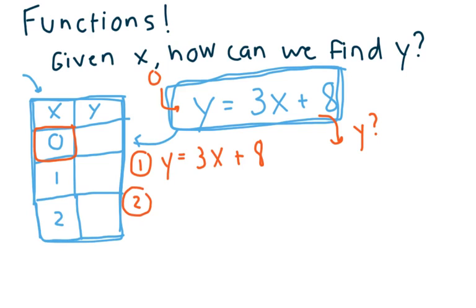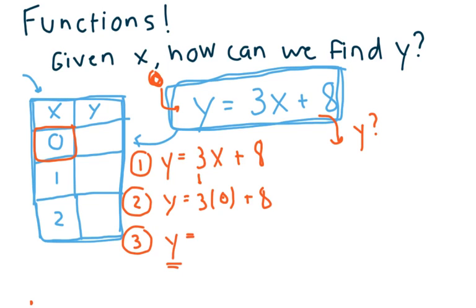Step 2, plug in the input. So I'm going to plug it in. I got y equals 3, but instead of x, I'm going to plug in my input right up here, which is 0, plus 8. And then the third step is to solve for y, solve for my output.